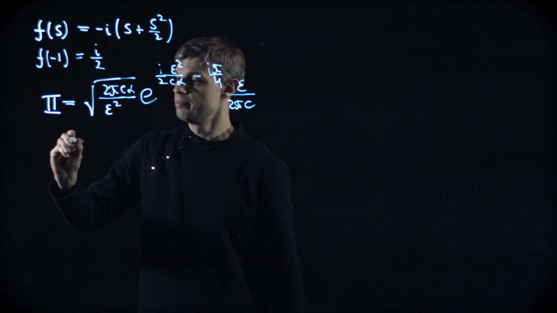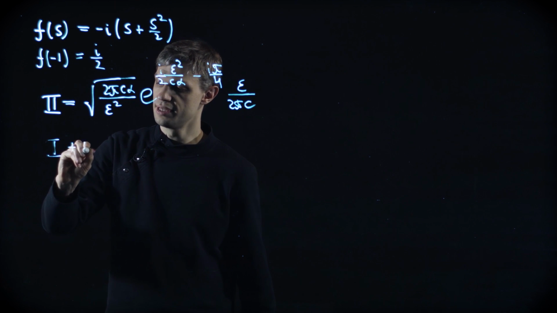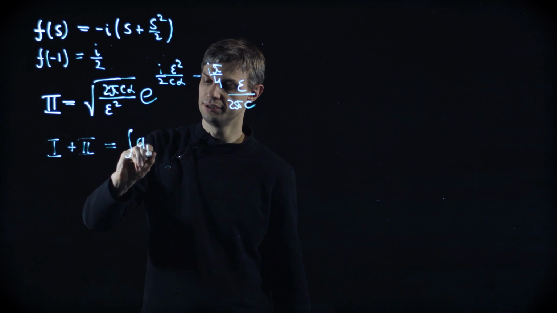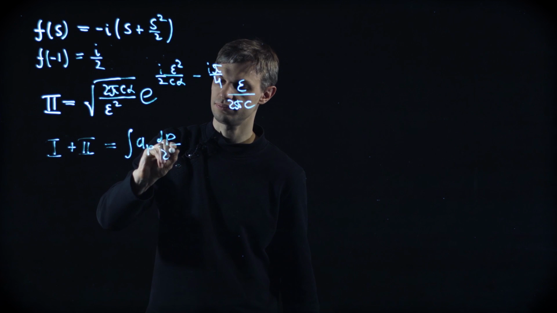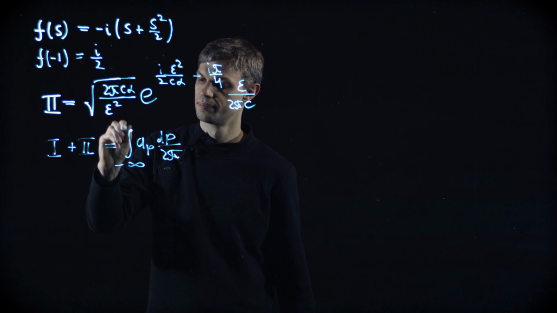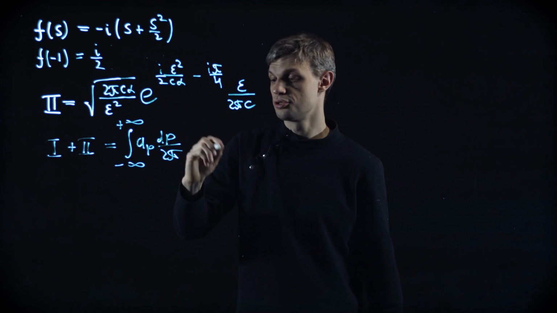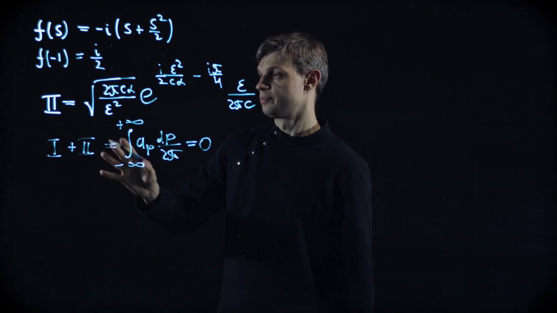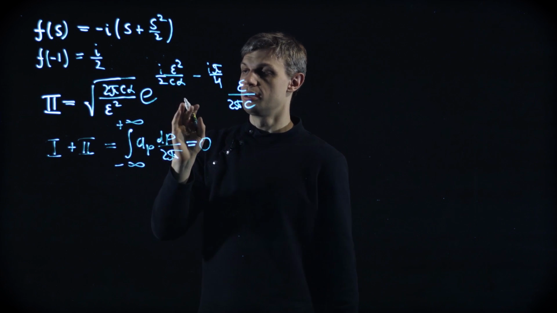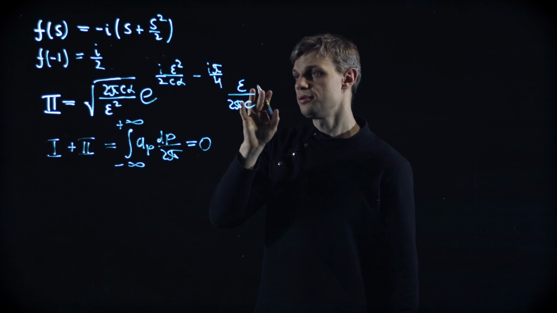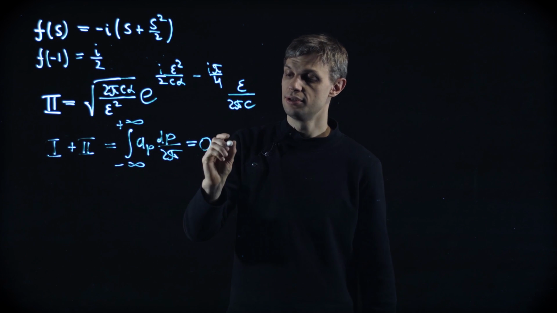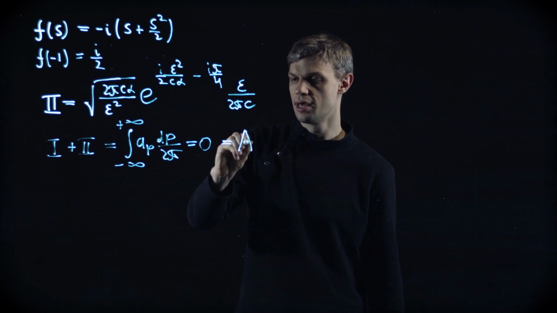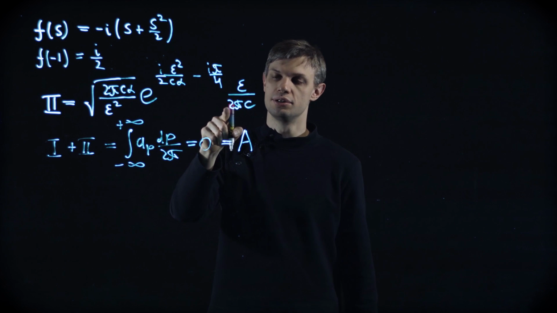Okay, and now we basically sum up these two expressions to get this full integral, as you remember. And it should be equal to 0. Right. Well, if you look at the value of the first integral and compare with the second one, you'll notice that they're simply complex conjugate. So the answer is some irrelevant constant, I call it A, which contains this epsilon over 2 pi C factor.